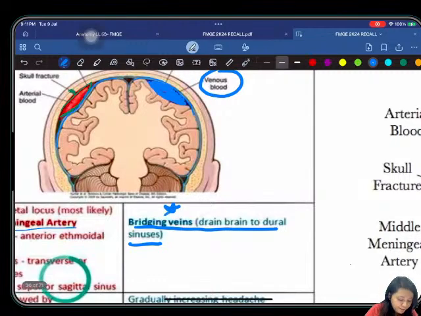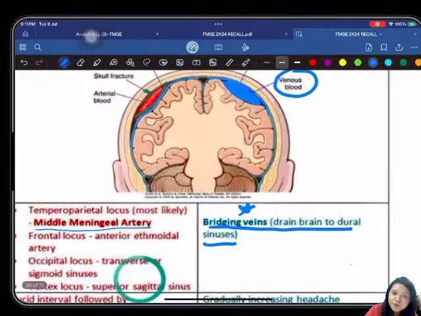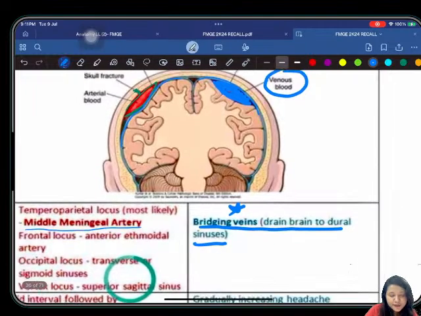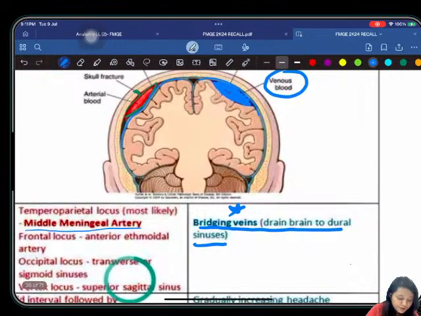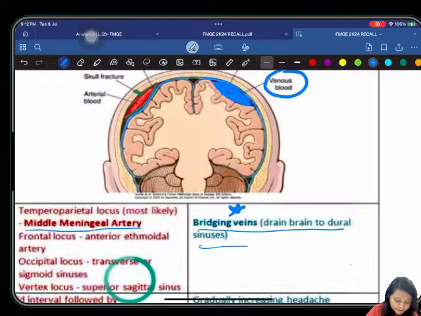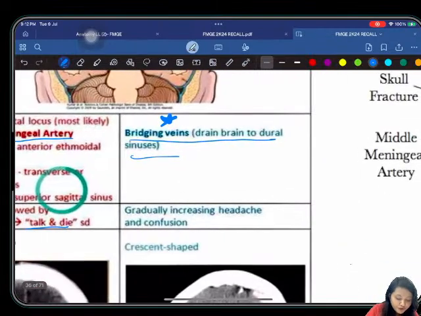In the epidural, mostly in the pterion region, if there is a blow, the middle meningeal artery is ruptured due to skull fracture. Due to bridging veins you have the subdural hematoma, and that is mostly due to venous blood. Then there will be gradually increasing headache and confusion.